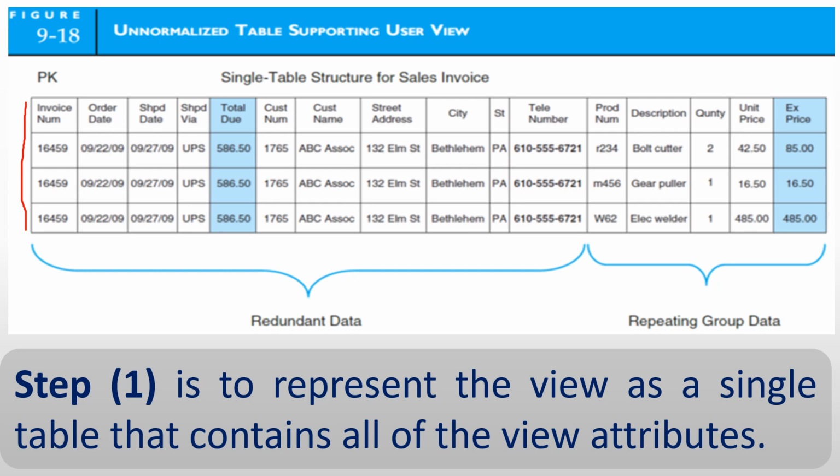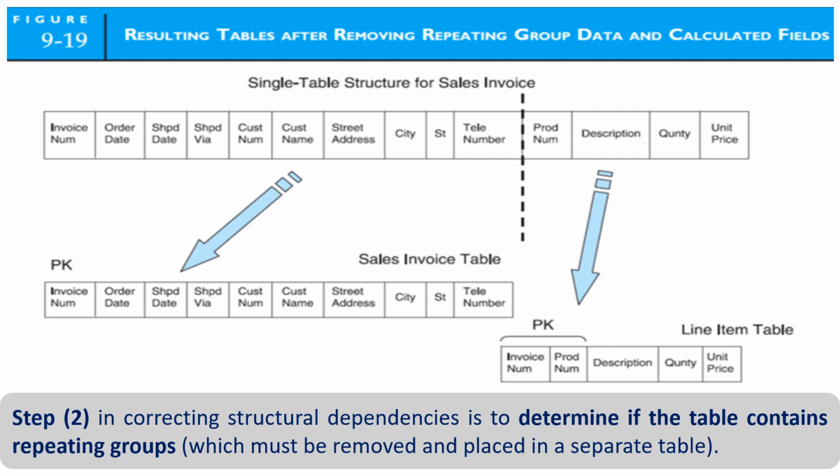This is the first step, to represent them, and also to distinguish between redundant data and repeating group data. So after we represent the user's view in a single table structure, we also differentiate between redundant data and repeating group data.